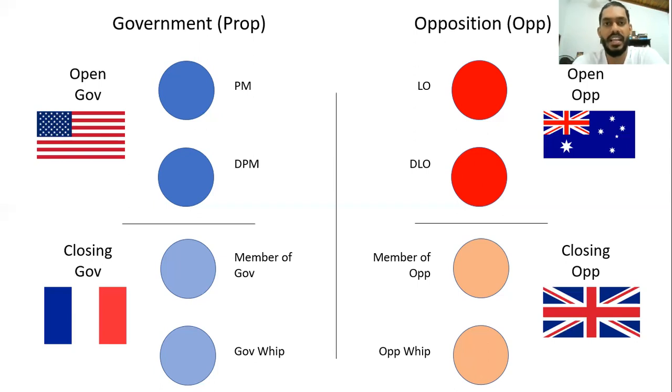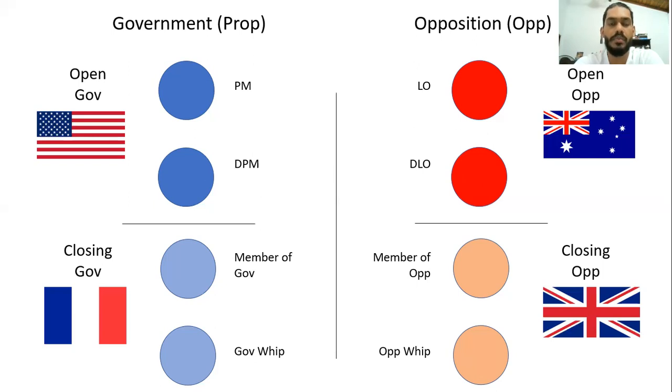For that, you get normal points, because the opening opposition don't get a chance to speak again. So whatever the third speaker of the government says, opening opposition don't get to address those. So those arguments are all yours. So you get marks if you rebut those. But you actually get to steal marks from your opening opposition if you rebut something that was mentioned by the PM or the DPM, right?